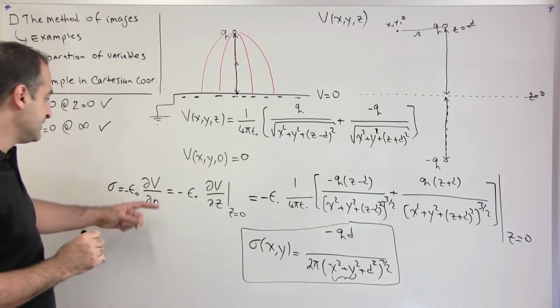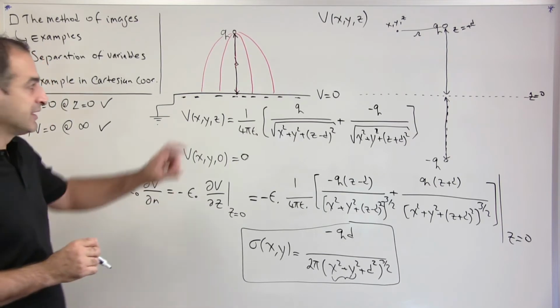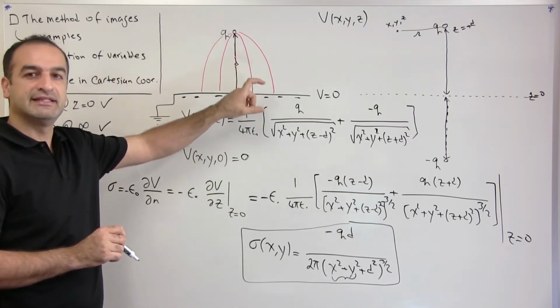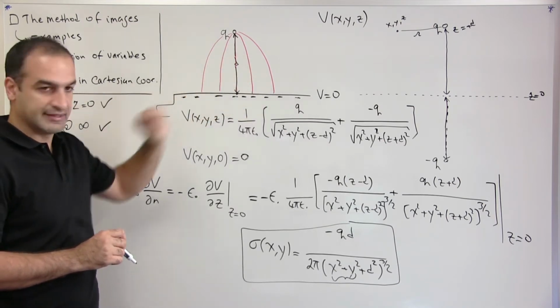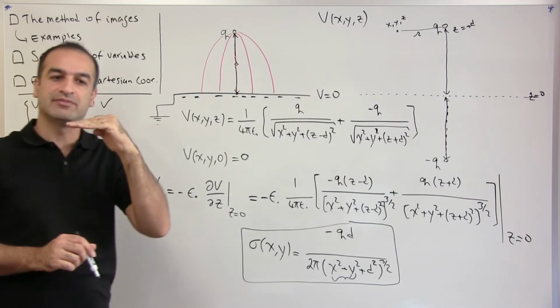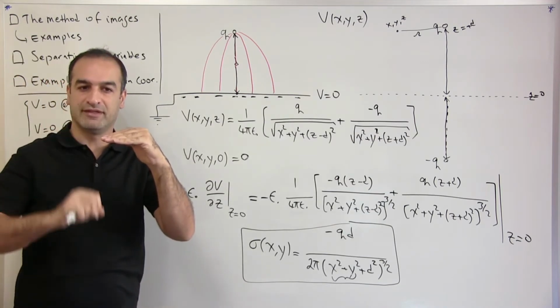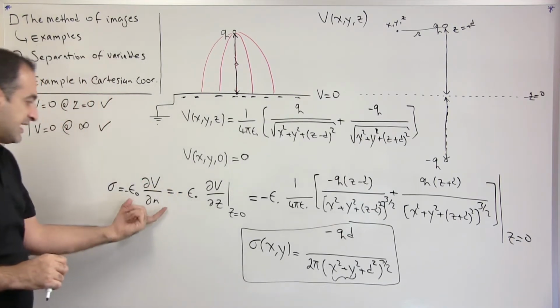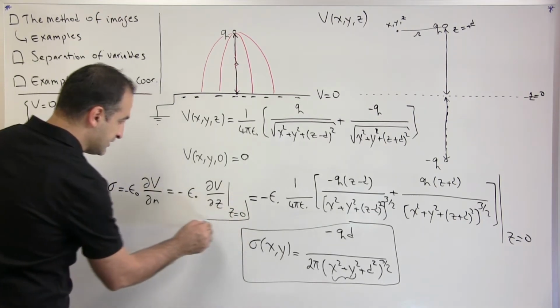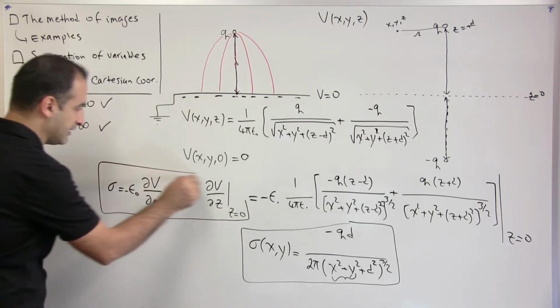Basically this is the electric field. We are looking at the discontinuity of the electric field on the surface, and we already talked about that surface charge is proportional to the discontinuity of the electric field. That's what's happening here. So far this part is very general for any conductor.